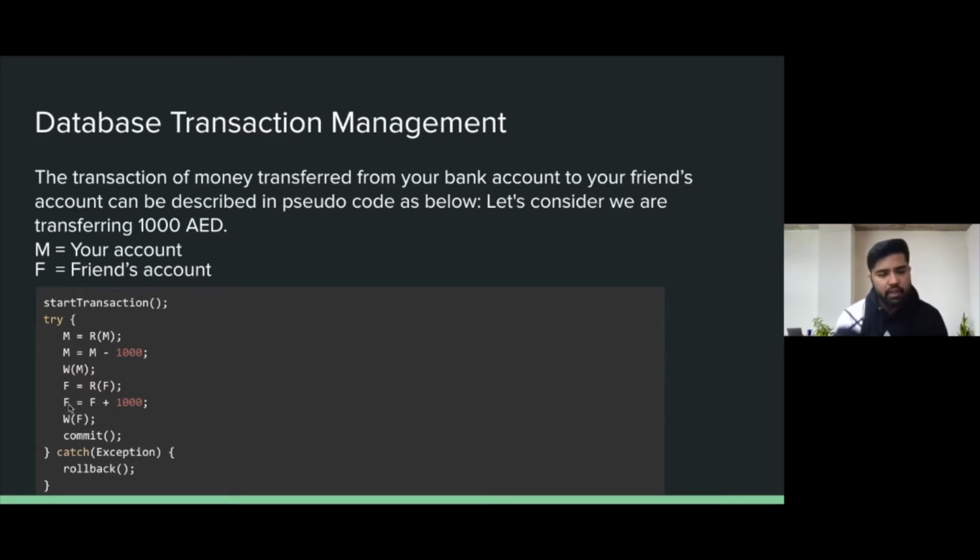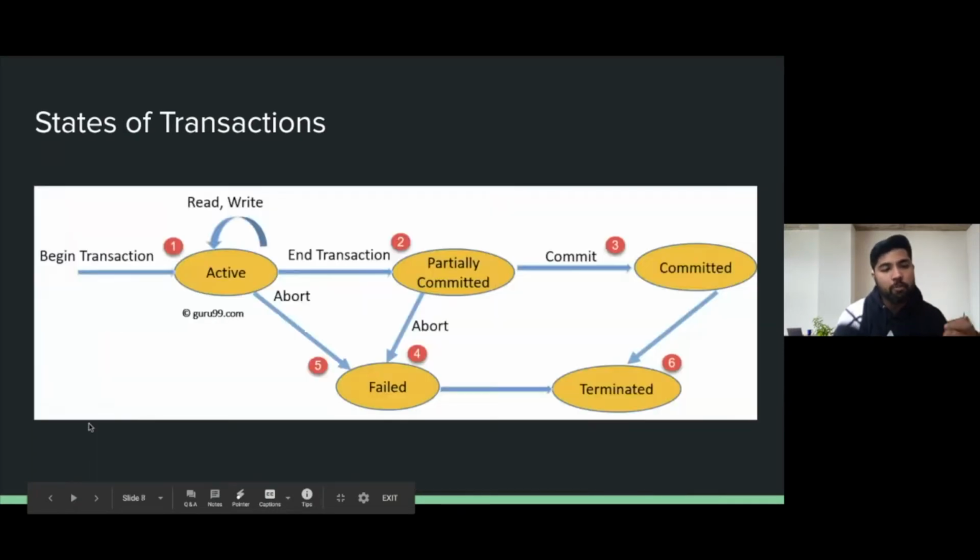Or take the next line, f is equal to f of 1,000. If you take the concept of programming, you would consider that this particular line is already executed, that means it is already completed. But in database terms, no, it is not. In database terms, it is completed when all the things are completed. So that is the definition of atomicity.